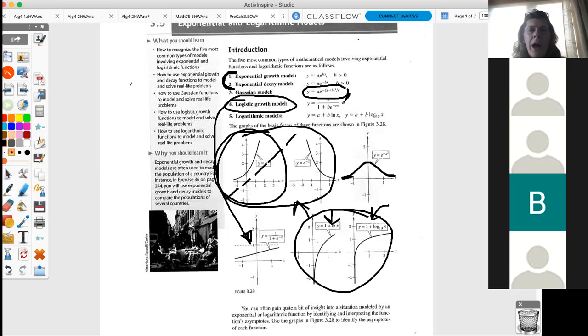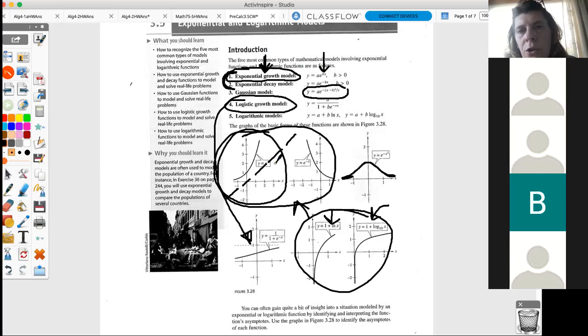So what I would do, if you were going to make yourself a set of flashcards, is make one set of flashcards that has these names on one side, and then the equations on the other. And then I'd make another set of flashcards that has the name on one side and the graph that goes with it on the other side.